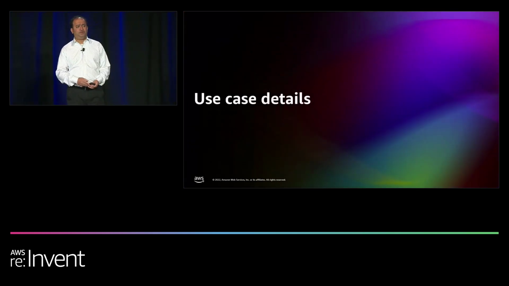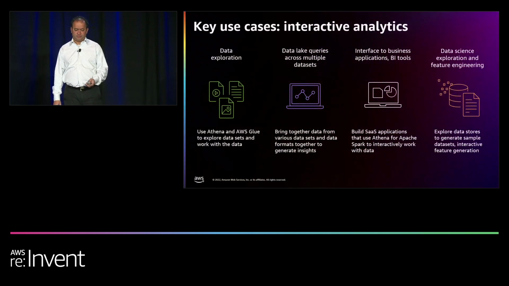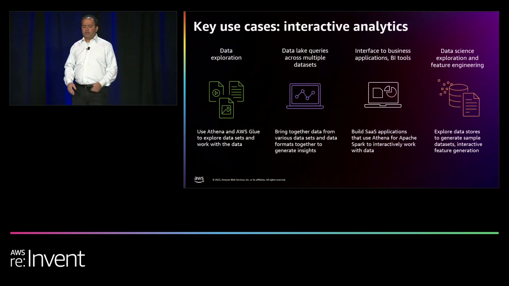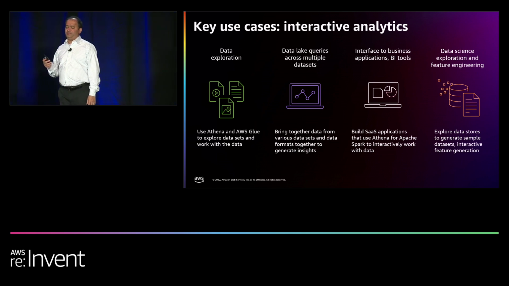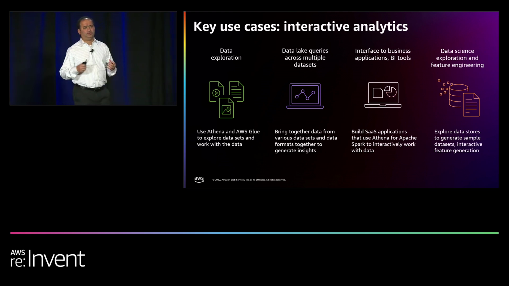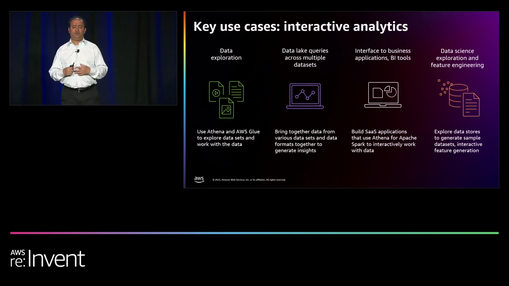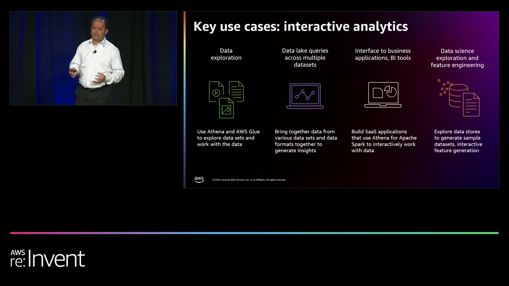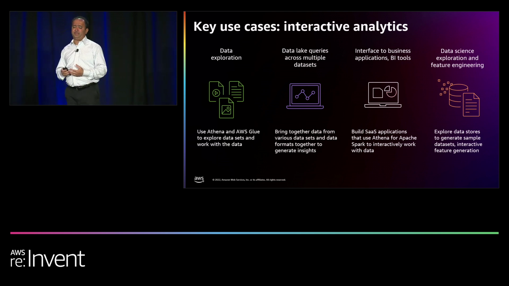So, diving into a few different example use cases. As we mentioned, Athena is optimized for interactive workloads. So, the first obvious one is you have data in S3, and then you can use Athena with or without a Glue metadata repository to query the data that you have in S3.